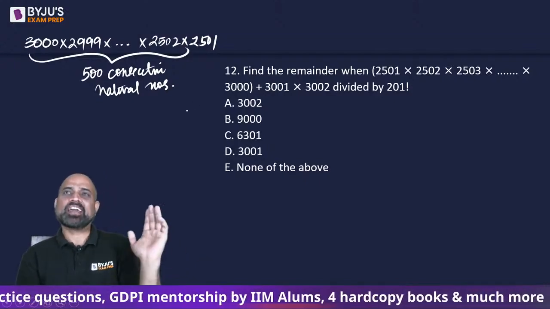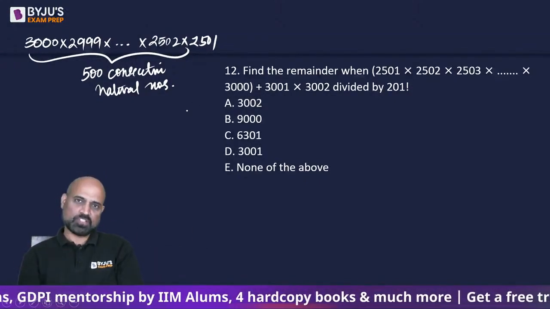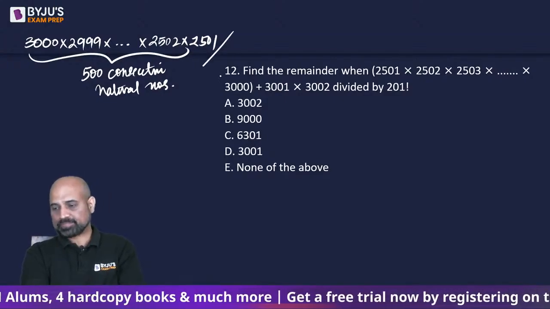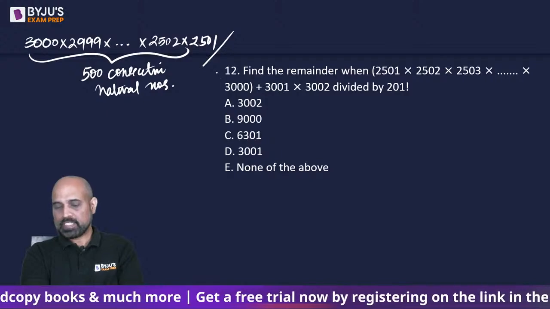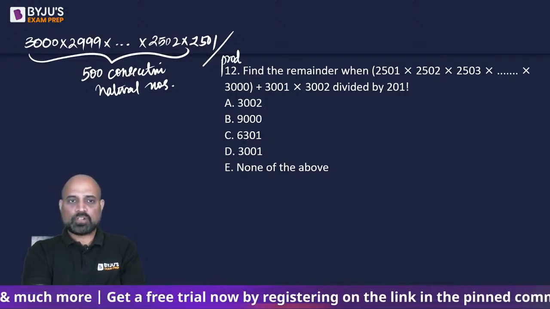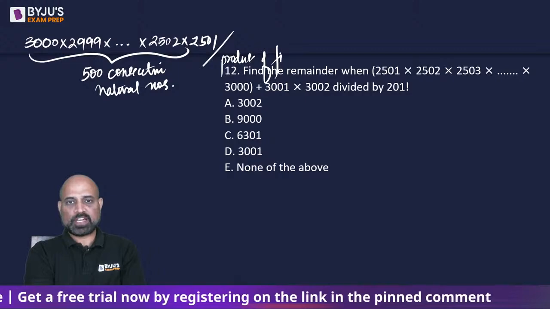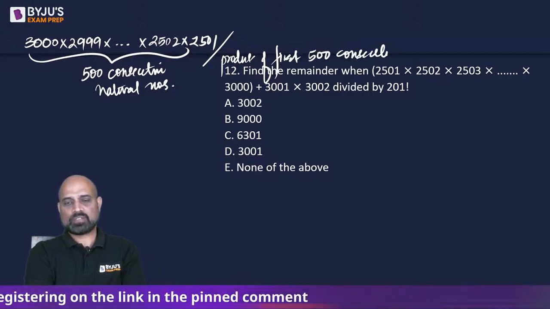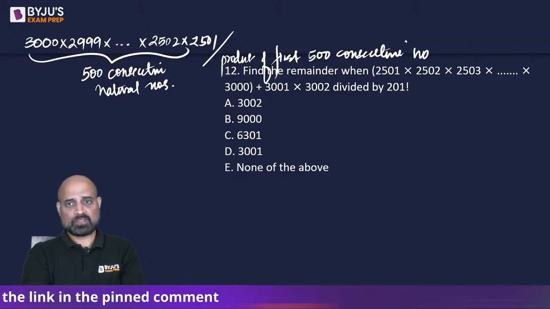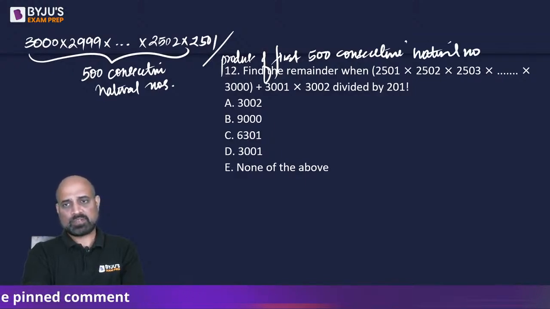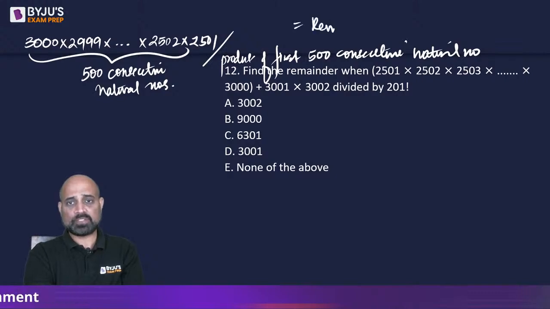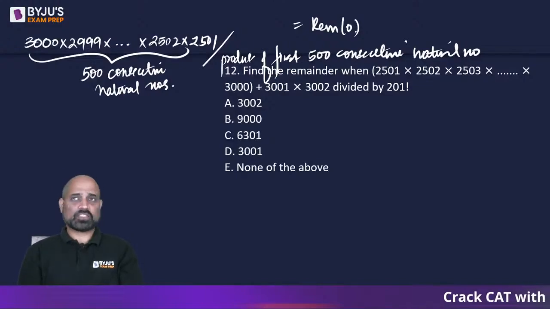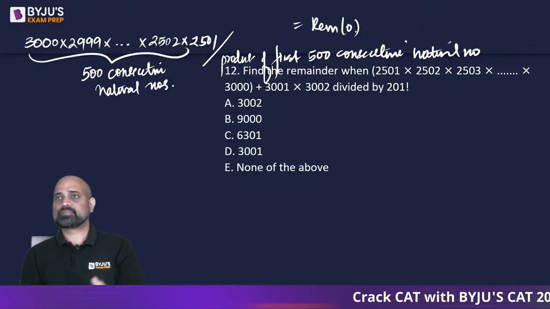If you take a product of 500 consecutive natural numbers and divide it by the product of the first 500 natural numbers, it will be divisible, as in the remainder will be 0. अगर ये समझने में दिक्कत है तो एक छोटा सा एग्जांपल लेते हैं.